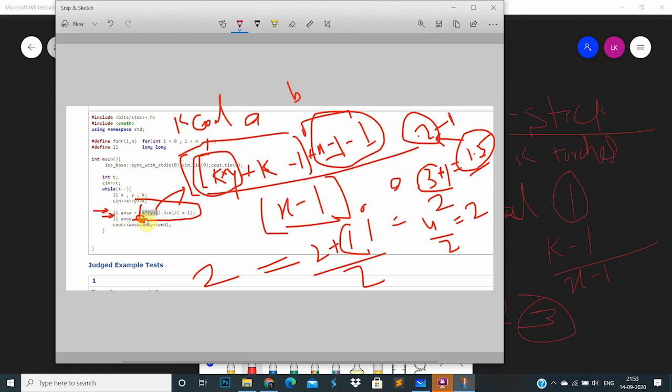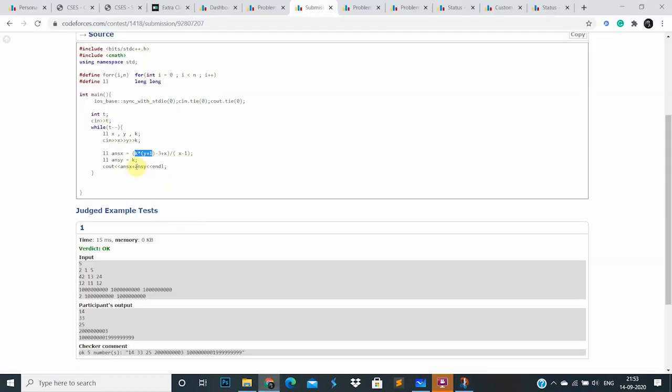First we compute how many sticks we require, for these sticks we need this number of operations, and then we convert the sticks into k coal. So this will be our answer, a simple and quite easy question. Thank you.